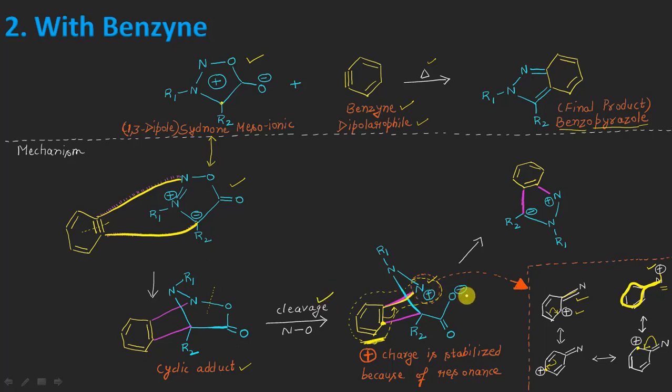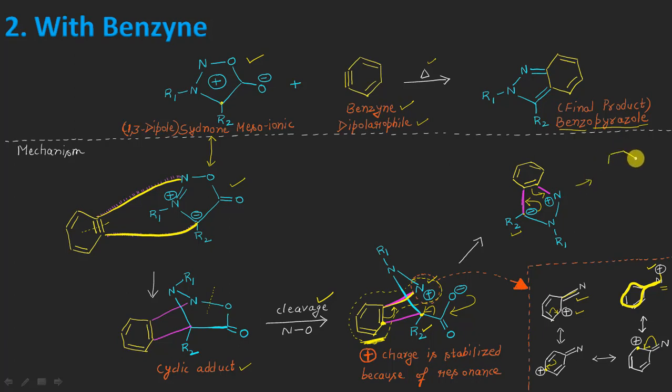So the release of a molecule of CO2 will now take place, giving a negative charge on this carbon atom bearing this R2 group, which you can see here. And finally, these negative electrons will shift onto this side, sending these pi electrons onto the carbon and nitrogen bond, giving a double bond here. Let me draw it here for you.